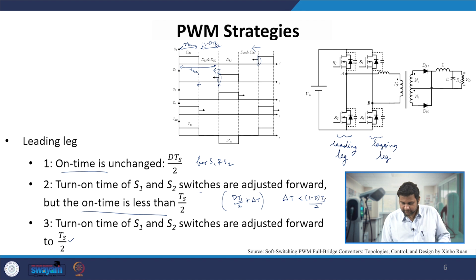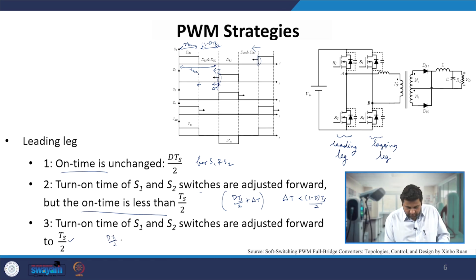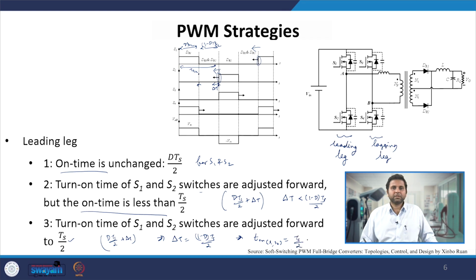From here to here is delta T, which you are adding. Similarly, in the third point, you are increasing this such that it is DTs by 2 plus delta T, and this delta T is nothing but (1 minus D)Ts by 2. That's when you can make the turn on period of the S1 and S2 switches equal to Ts by 2. So it is this third scenario.